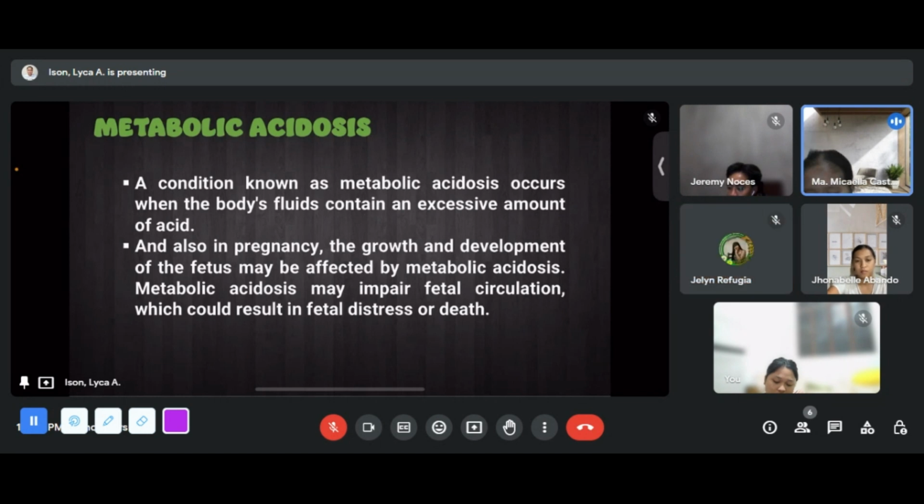Sabi nga ni Laika, a decrease in pH below this range is acidosis. Then yung increase naman is over 7.45. So over this range is alkalosis.